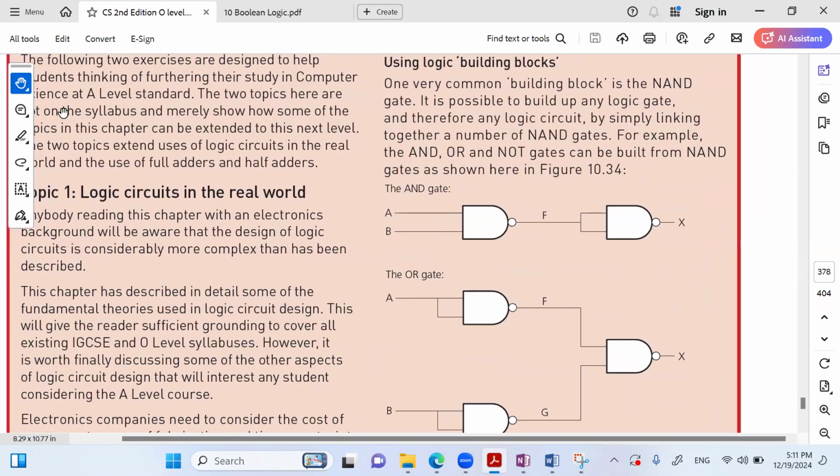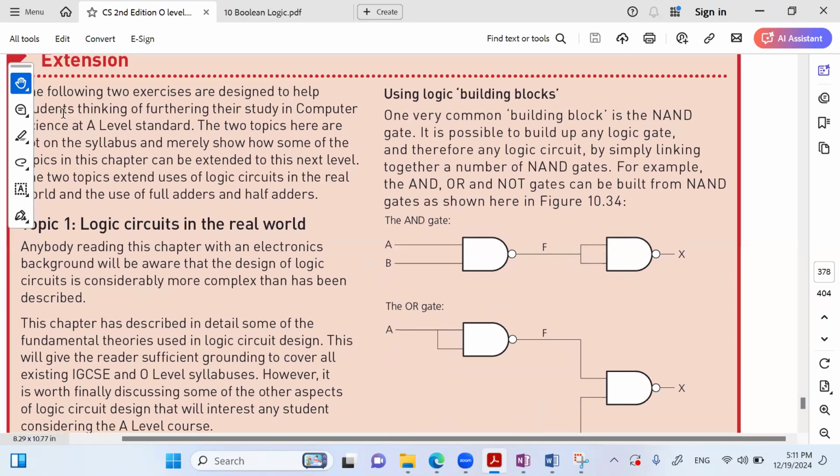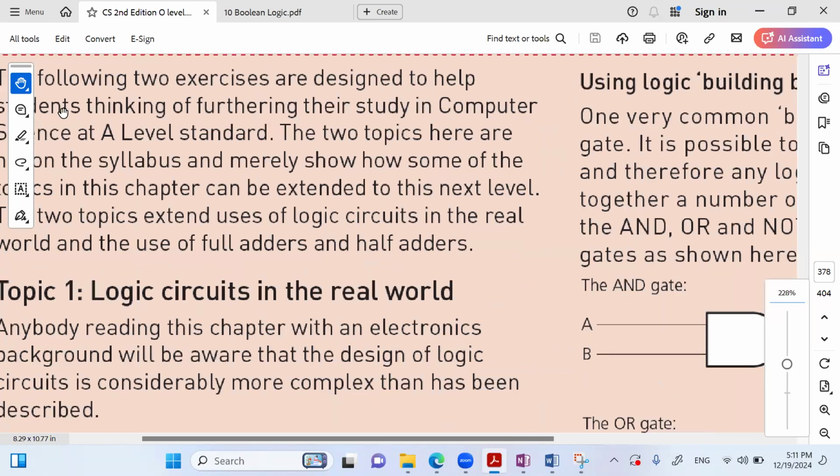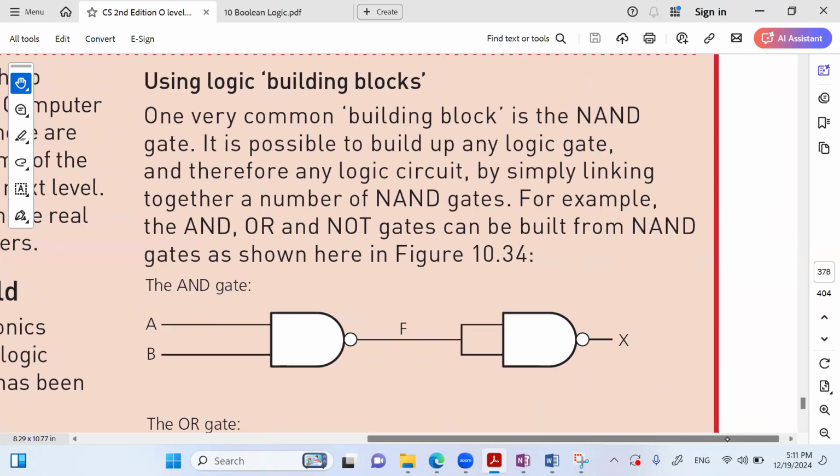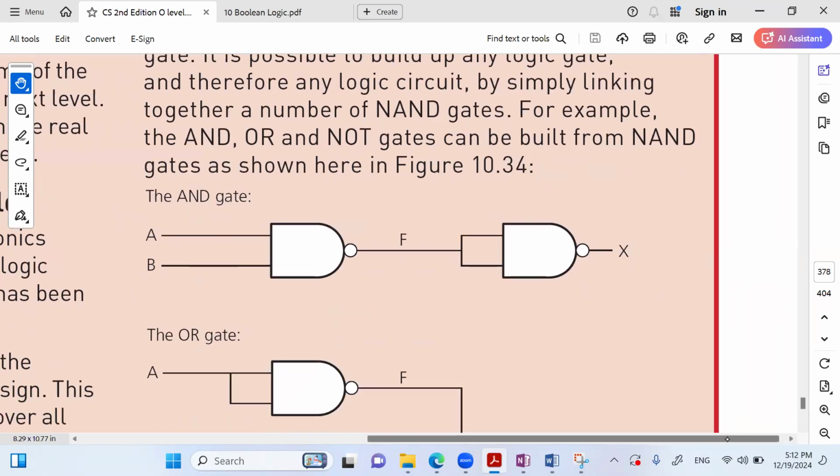This is known as logic gate building blocks. And as you can see, what is happening over here in this particular question, or probably the answer, not the question, they said we are going to construct an AND gate with the help of two NAND gates.